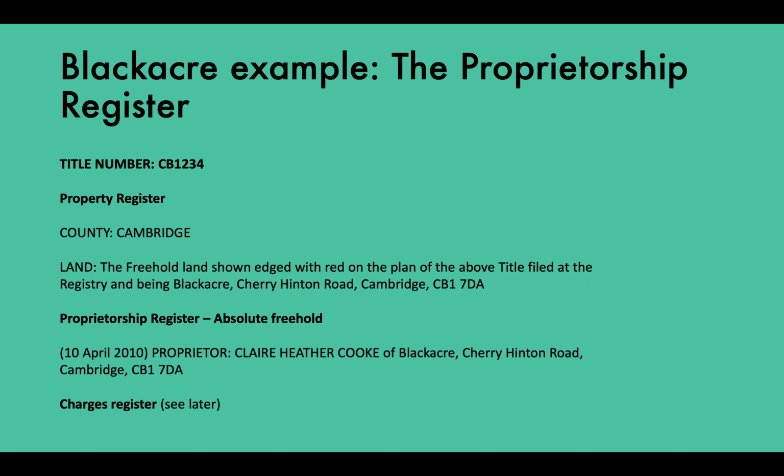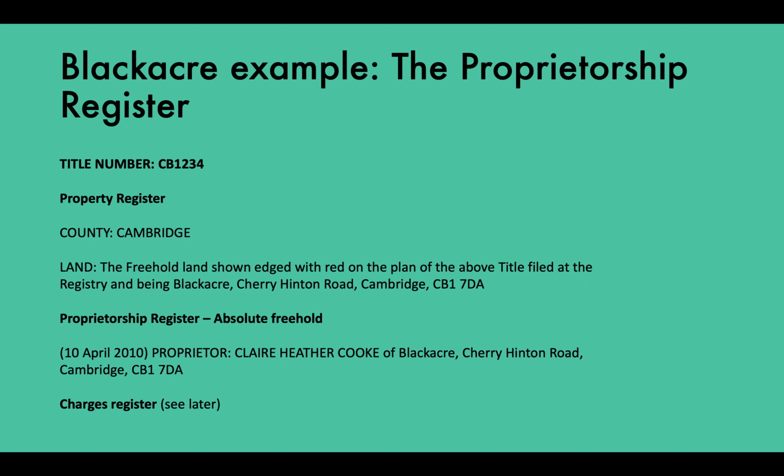The first chunk of information we find will be under the Property Register. This section tells you what the estate is that is registered, which estate the title number refers to. It tells you the nature of the estate, freehold or leasehold, and it also tells you the physical land over which the estate exists, in other words, the address.